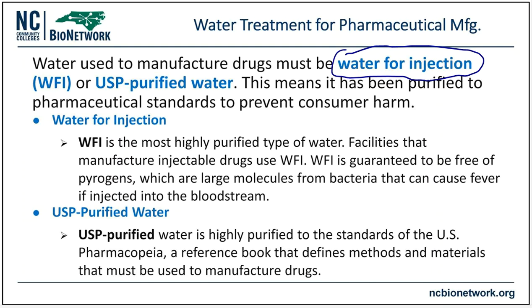But there's going to be a slight change here. So water for injection, by their definition, I'm going to read it verbatim, is the most highly purified type of water. Facilities that manufacture these injectable drugs use water for injection. Water for injection is guaranteed to be free of pyrogens, which are these large molecules from bacteria.